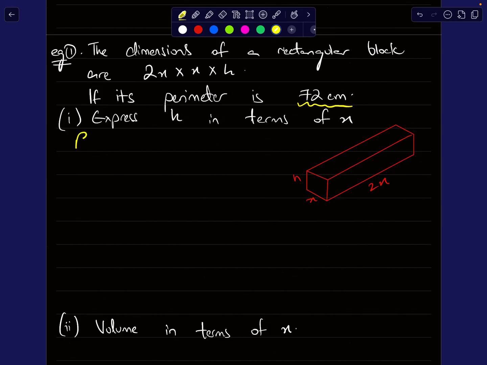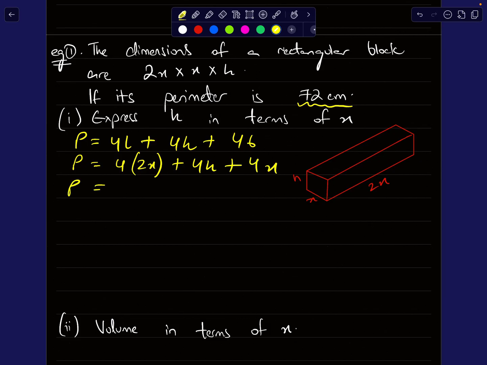So the formula for the perimeter of a rectangular block is 4 times the length, 4 times the height, and 4 times the breadth. Thus, we'd have something like 4 times 2x, 4 times the height, and the breadth x.